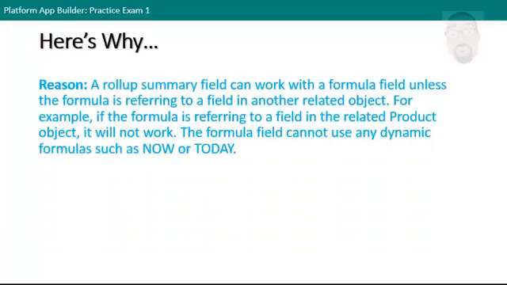A roll-up summary field can work with a formula field unless the formula is referring to a field in another related object. For example, if the formula is referring to a field in the related product object, it will not work. The formula field cannot use any dynamic formulas such as now or today.